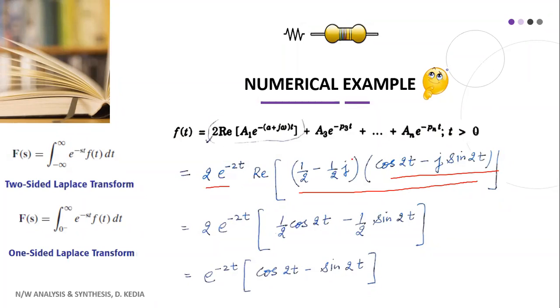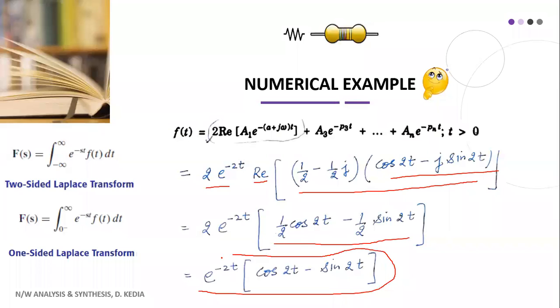We then multiply these two terms in the brackets. And since we have to calculate real part, we will take only the real part of this multiplication of these two complex numbers. And this is what we get. 1 by 2 taken common outside, that will be cancelled and you get this.